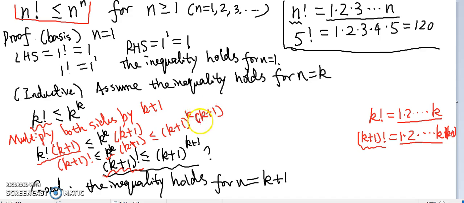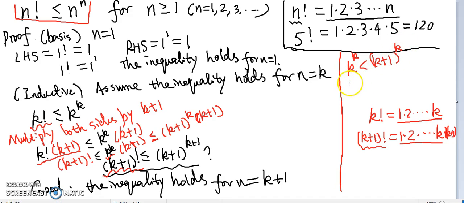And of course, I'm going to have to use less than or equal to. Actually, it should be strict less than, because k is always smaller than k plus 1. So if k is smaller than k plus 1, when we raise both of them to the kth power, k to the kth is still less than k plus 1 to the kth power.